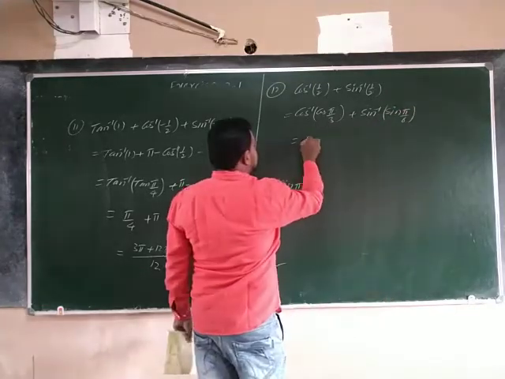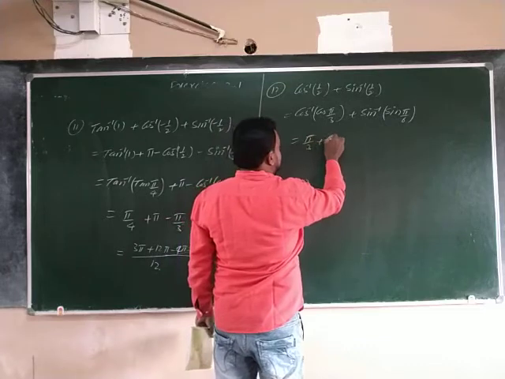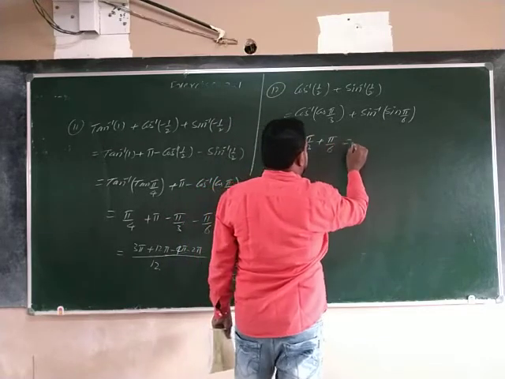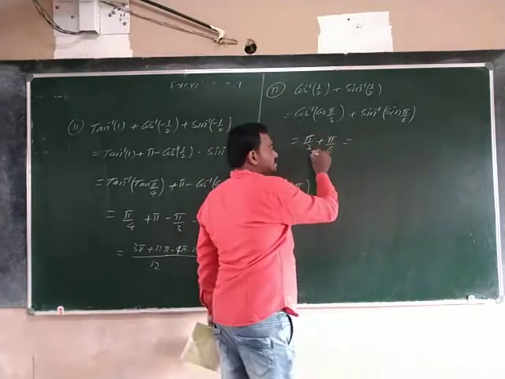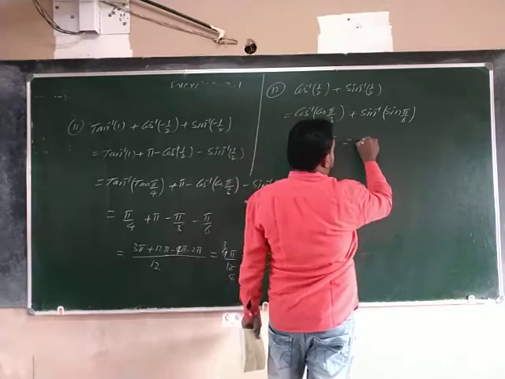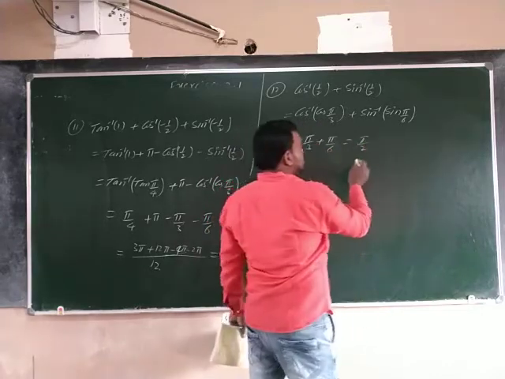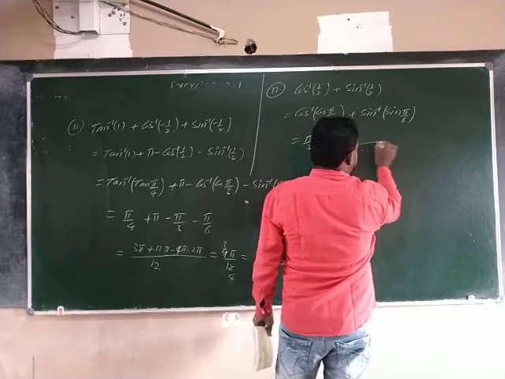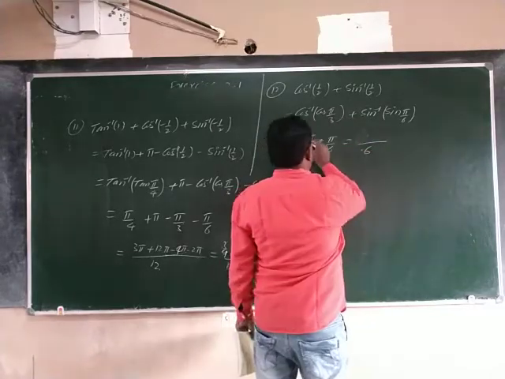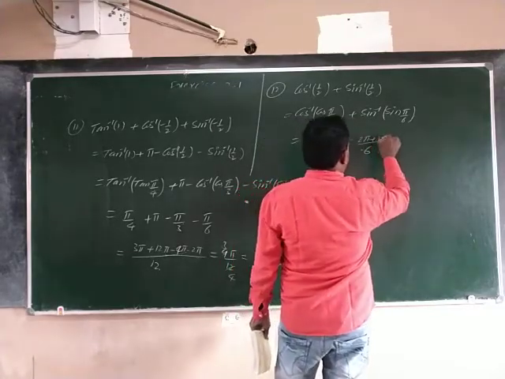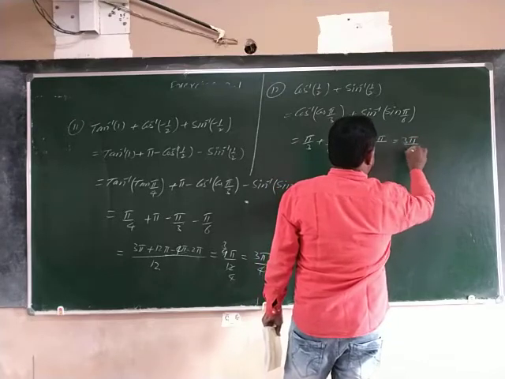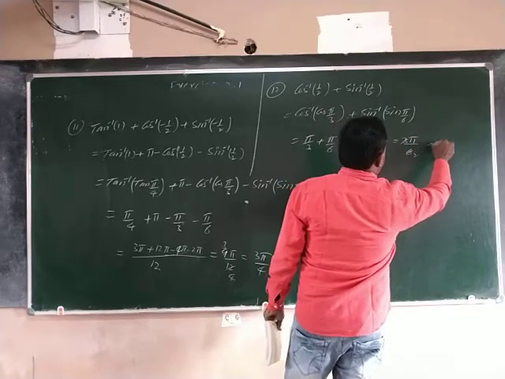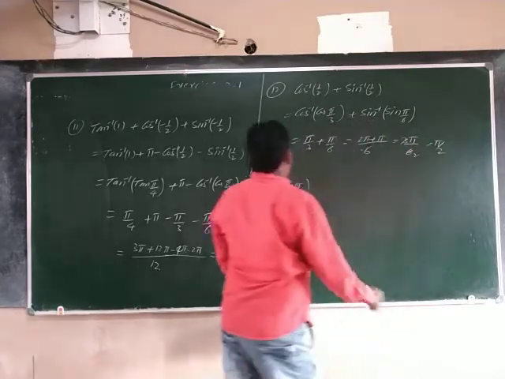So this is pi by 3 plus pi by 6, that is pi by 60 plus 30, 90, nothing but pi by 2. Otherwise we take 6 as the LCM: 2 pi plus pi, that is 3 pi by 6, which is pi by 2. So pi by 2 is the answer.